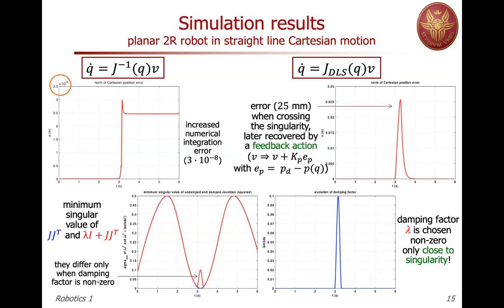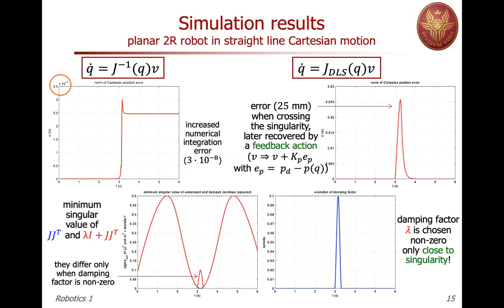That is, the difference between where we are with our end effector, p of q, and the desired pd, which is nothing else than the velocity path integrated, generating a straight line. So it's a point that moves along the straight line. So we recover by this feedback.